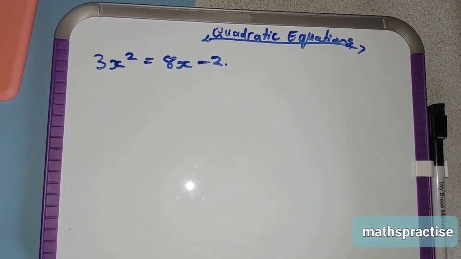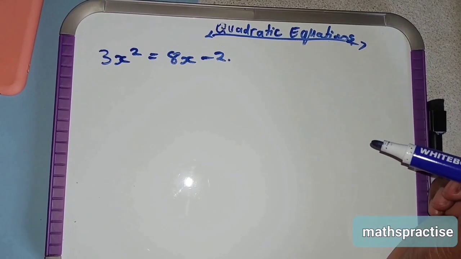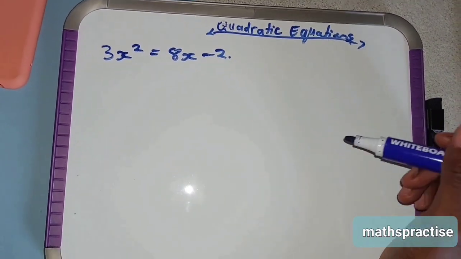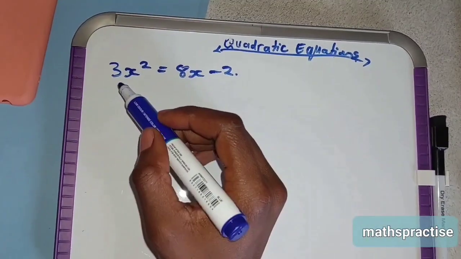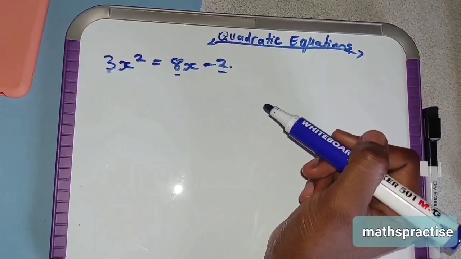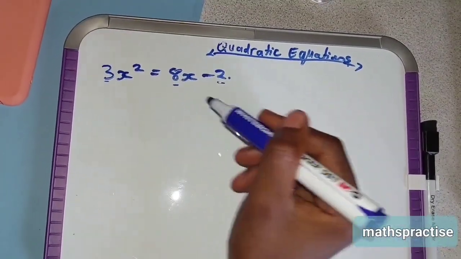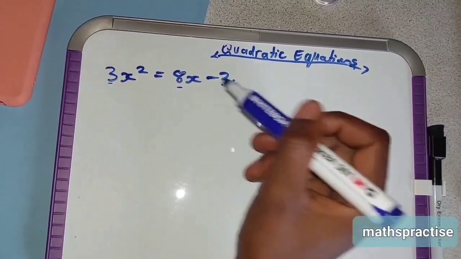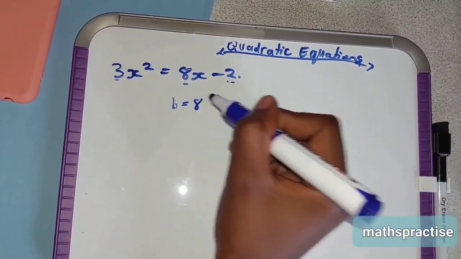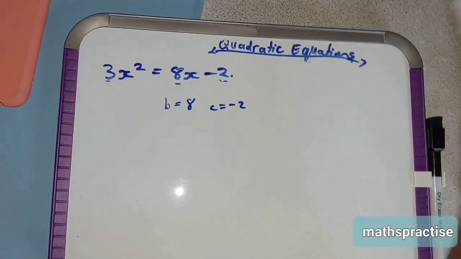Then we now have to find the correct values of a, b, and c. Because if you just use it like this and say this is your a, this is your b, this is your c, these will be wrong values for b and c, because you end up saying b is equal to 8 and c is equal to minus 2, which is not correct.